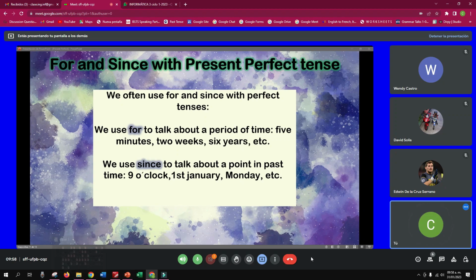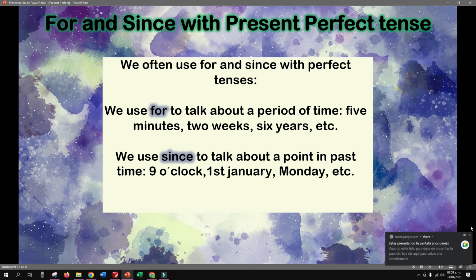So you can say since 9 o'clock, since 1st January, since Monday, since last year, since 3 months ago, etc. Right? In that way, you can use since. Let's see some examples in order to understand the use of for and since.